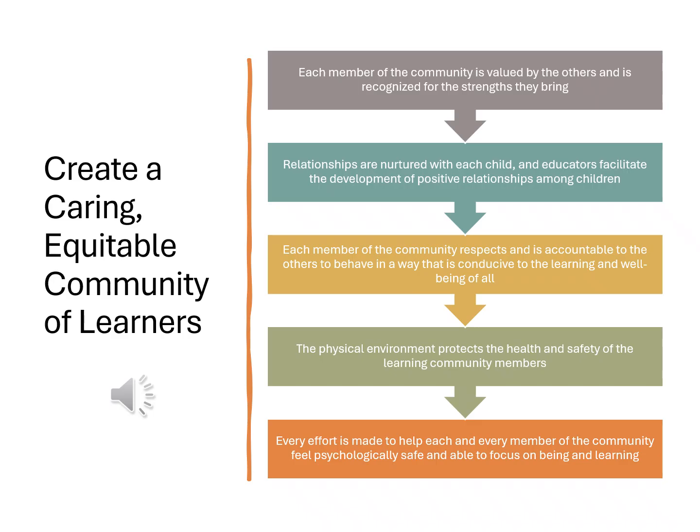So the fourth one is creating a physical environment that protects the health and safety of everyone. So thinking about how we organize the room, think about how we set up our schedule, think about the kinds of activities that we put out. Think about including a calm down corner when things are overwhelming.